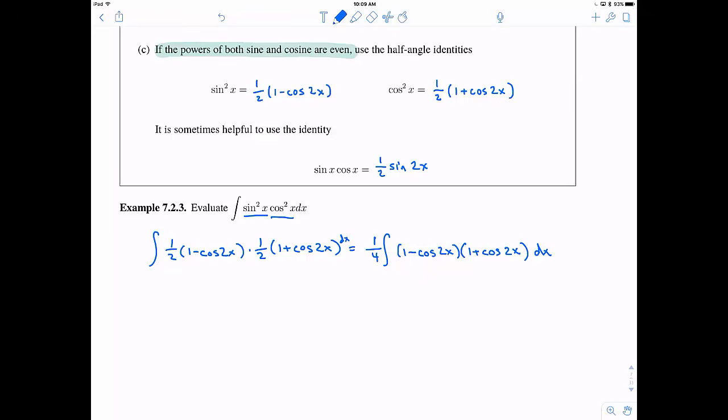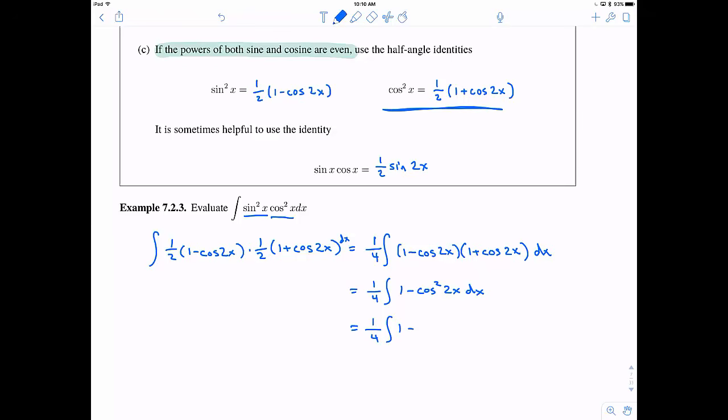And now we need to expand this out. Oops, I forgot my dx. So 1/4, and if we expand this out, well, this is like a difference of squares. So a difference of squares, or if you FOIL it out, either way, you'll get 1 minus cosine squared of 2x dx.